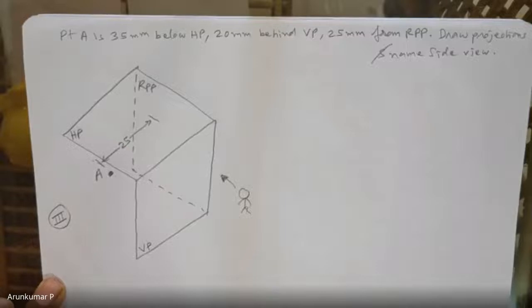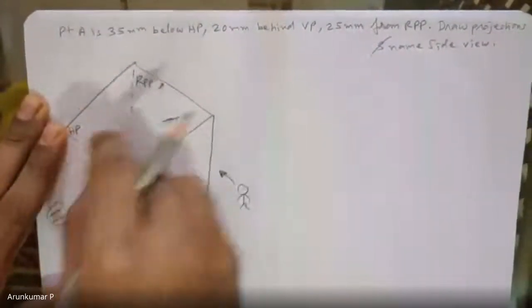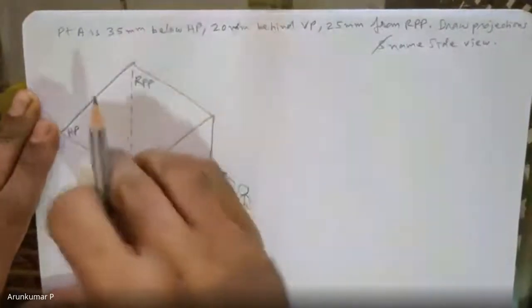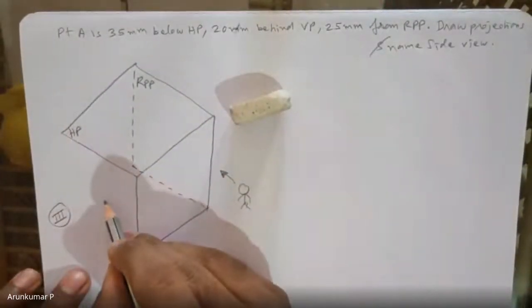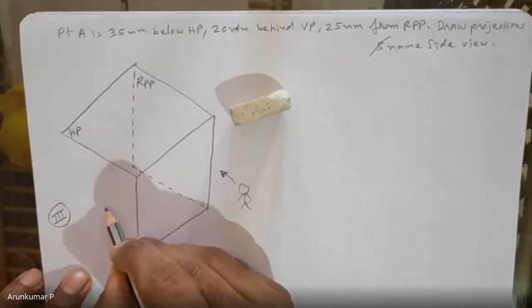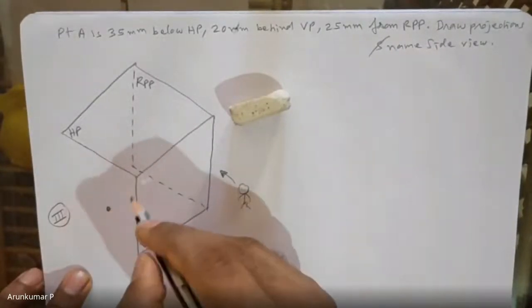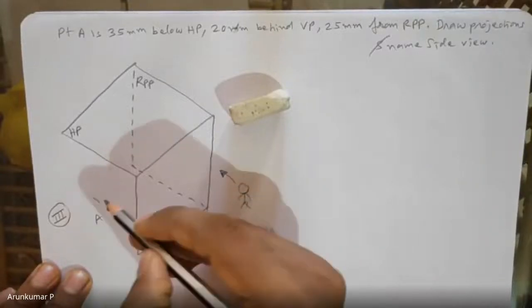I should have drawn it a little below. This is the point A.